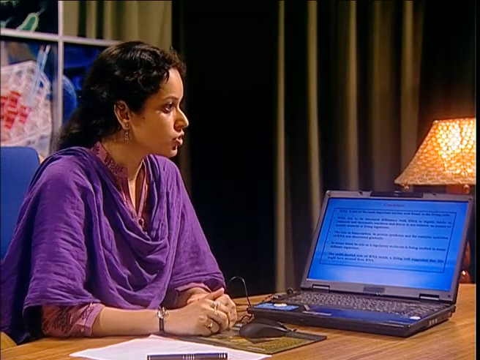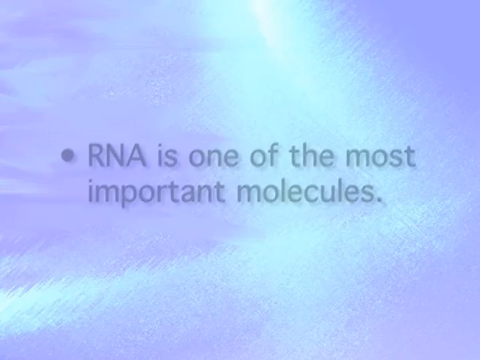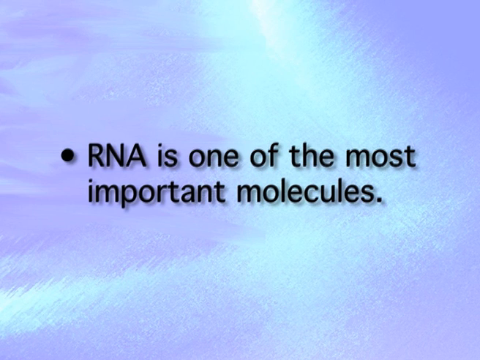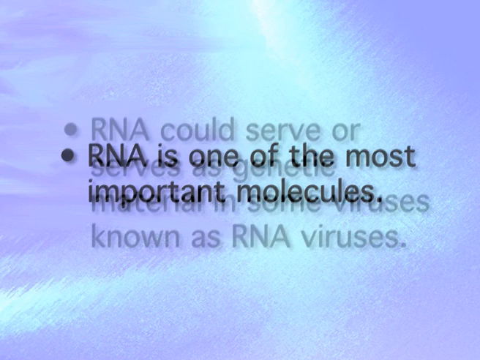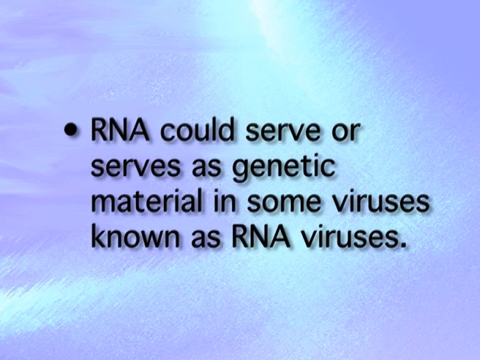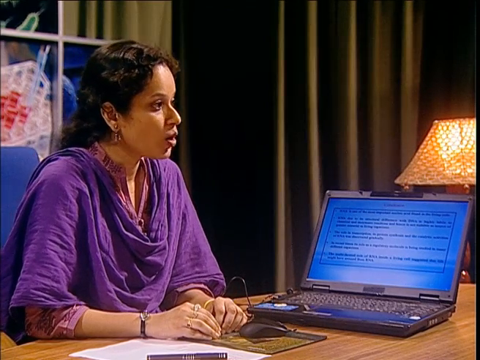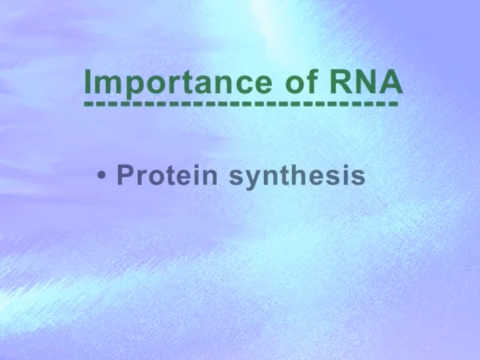So, what can we conclude after knowing about all this? Now we know that RNA is one of the most important molecules. RNA serves as genetic material in some viruses known as RNA viruses. RNA performs more diverse functions than DNA. The first is protein synthesis.